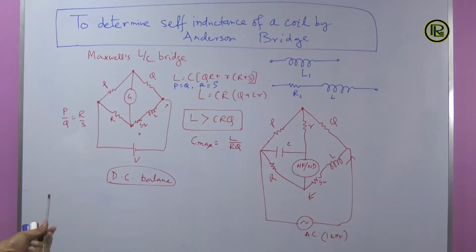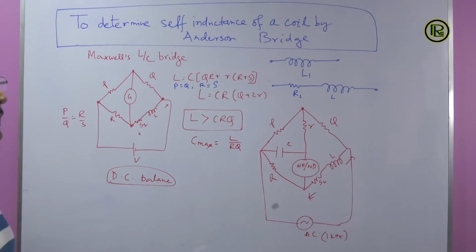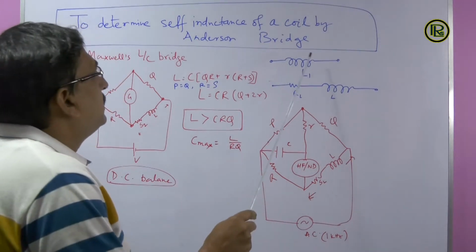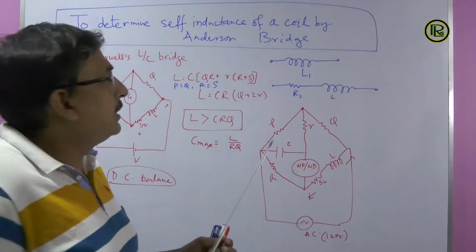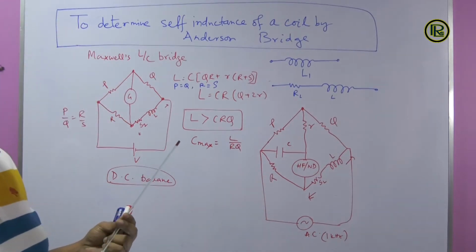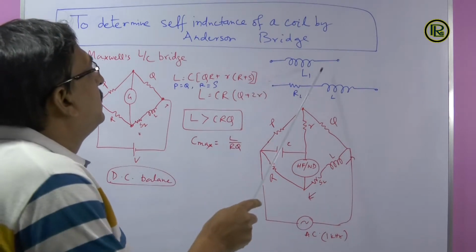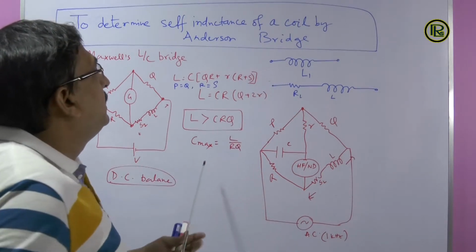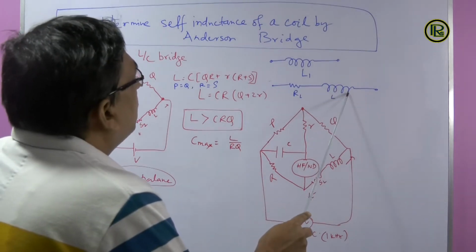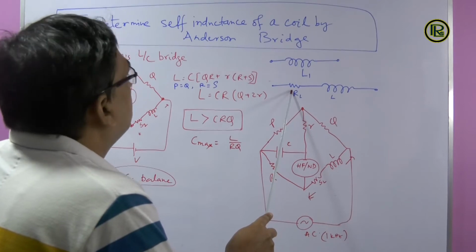So, the basic idea behind the experiment is to find the self-inductance of an inductor coil. This coil, any inductor coil L1, has some resistance. Any practical inductor can be represented with a pure inductor in series with a resistance RL.